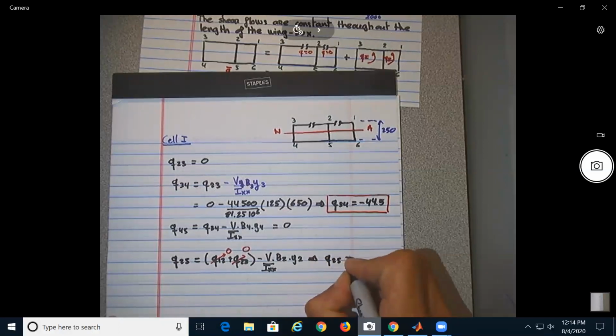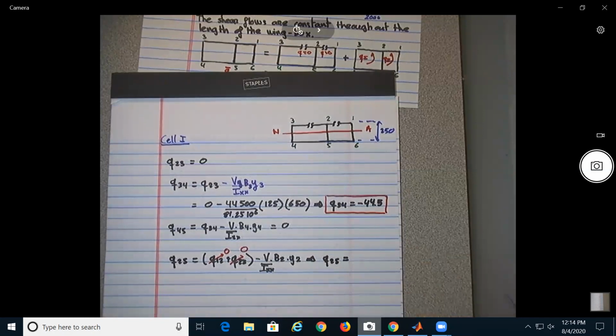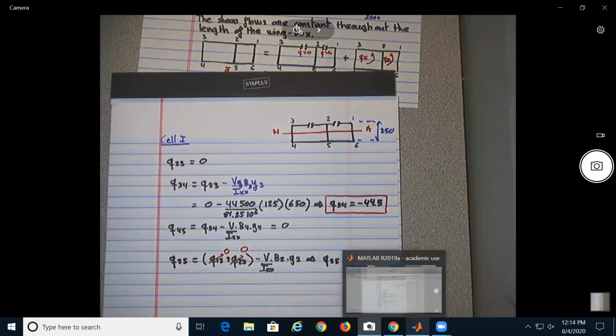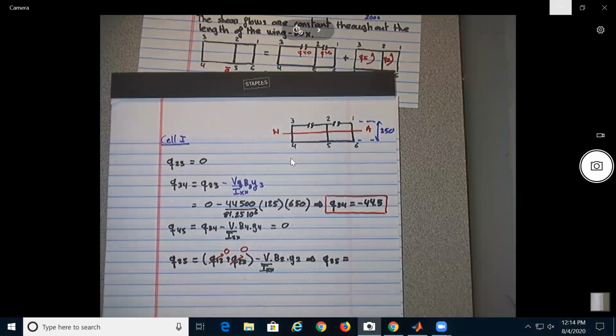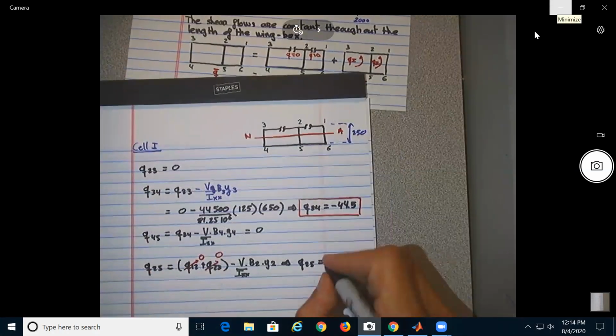I mean, you can do the math, but it should be what? Just using your common sense, this one should be twice, no? B was 650, for this one it is 1300, no? So it should be twice that one. So 45.5 times 2 is 89, so it should be minus 89.